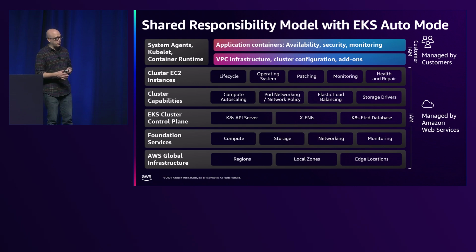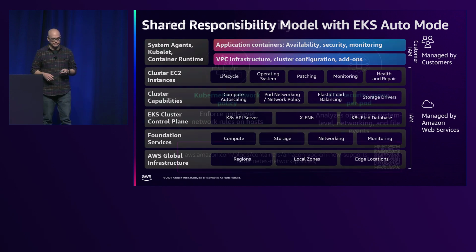There's a number of add-ons that are automatically included with EKS Auto Mode. Things like the kubelet, the container networking interface, the kube-proxy, and some CSI drivers. Those are automatically maintained by us. But other add-ons, those are still on you, but there's just a whole lot less that you have to manage.